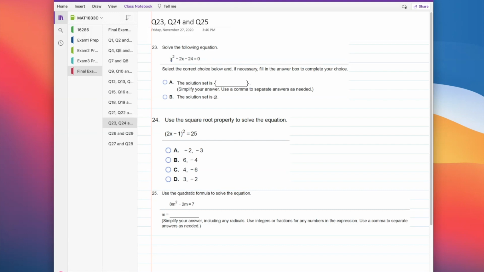In fact, it's a trinomial because it has 3 terms and it is degree 2. So this is a quadratic equation, because a polynomial with degree 2 is called a quadratic polynomial. This quadratic equation is being compared with 0. So they tell me to solve.